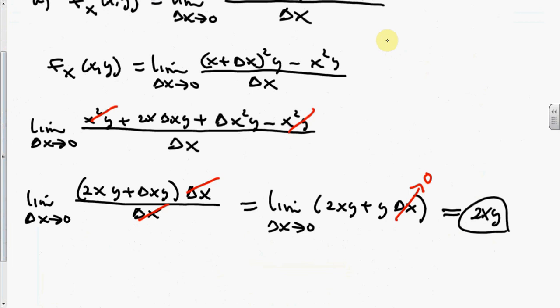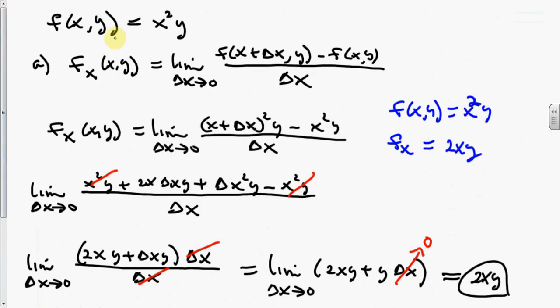But you see, if I have this function x squared y, and you say find the partial of f with respect to x, the short version is you look at that and take the derivative with respect to x and treat that y as a coefficient. That's just 2xy. Right? So on the test, I will ask you to find the partial derivative by definition.